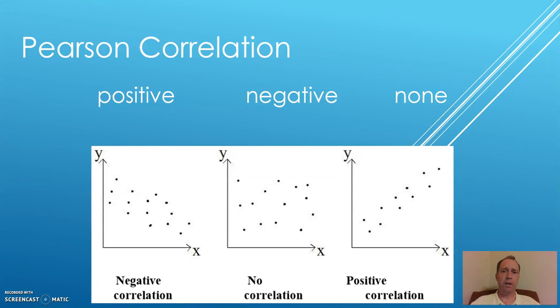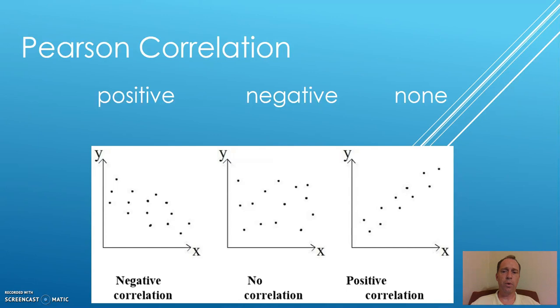In the Pearson correlation, you have positive, negative, or no correlation, and these graphs illustrate fairly well how that is. In the positive correlation chart, you can see that the values on the x-axis move over to the right and get larger at the same pace that the y-axis values also get larger.